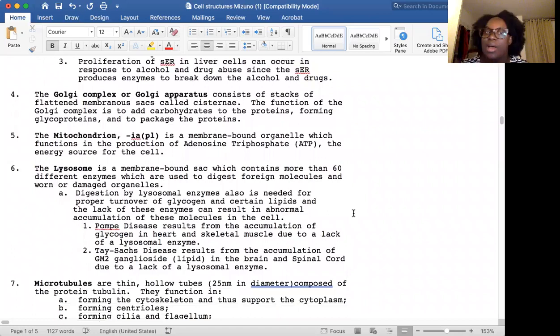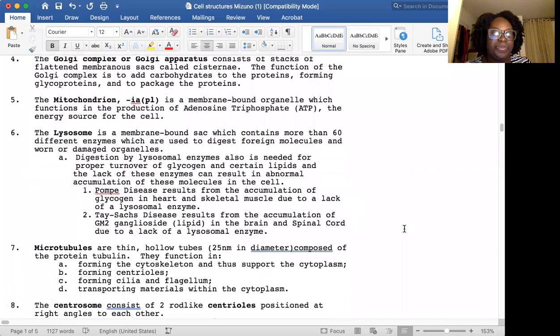There's a process it goes through: glycolysis, the Krebs cycle, and the electron transport chain, to produce about 36 ATP for one glucose molecule. That's a lot of energy for one glucose molecule.